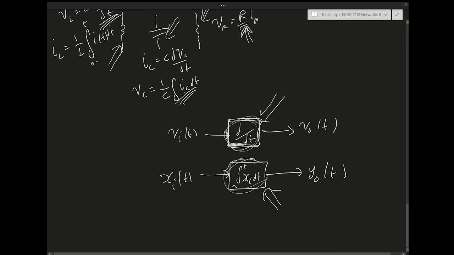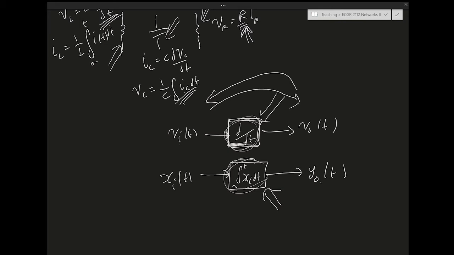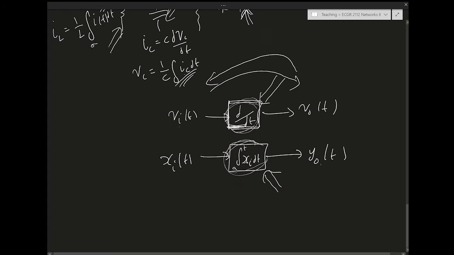I should be able to go both ways. So if I have Vi, I should know how to go to Vo. If I have Vo, I should know what Vi introduced that Vo, right? That's a very basic property that allows us to solve systems easily, because sometimes you have the output and you get the input, sometimes you have the input and you get the output, right?